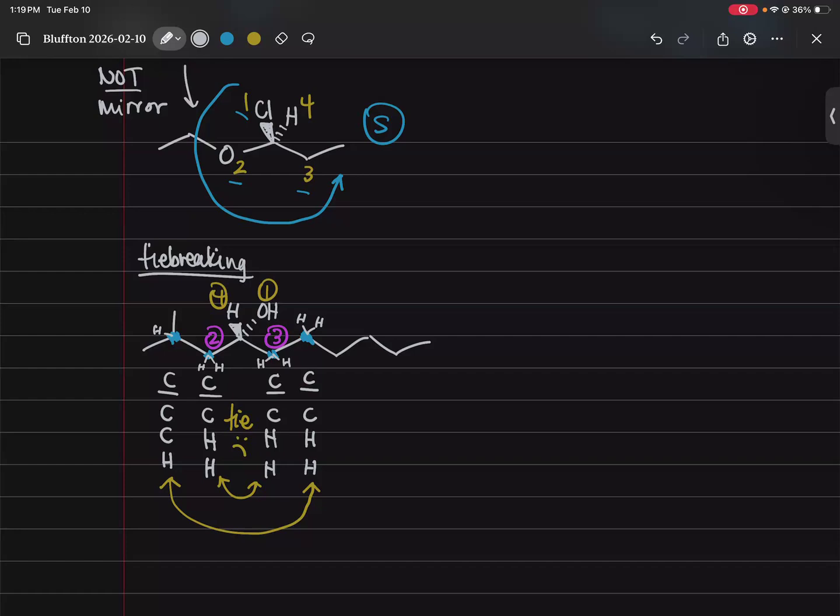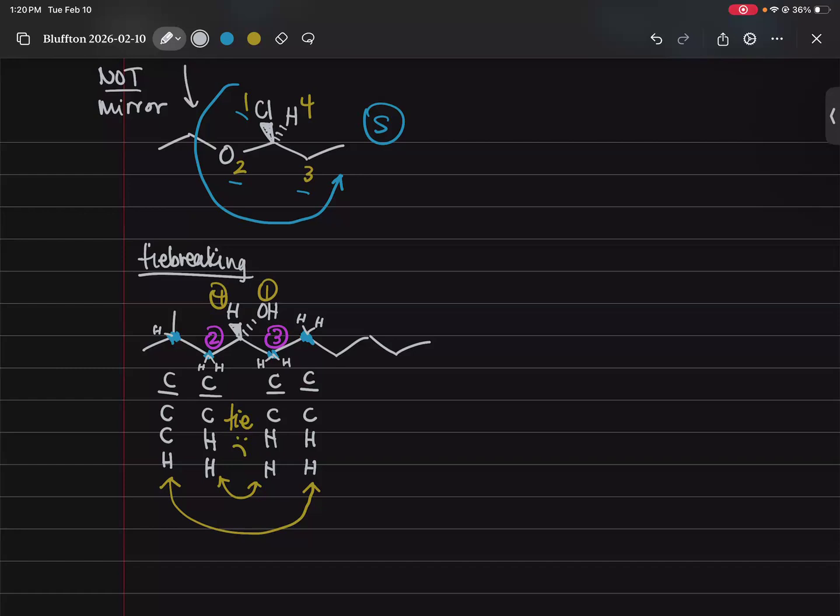All right, so now all we have to do is say 1, 2, 3, go counterclockwise, so it's S, right? No? What did I do wrong? Hydrogen's coming toward us. So do we want to flip the whole molecule around or do we want to cheat?